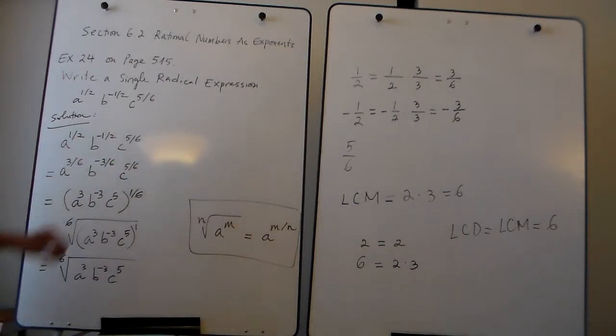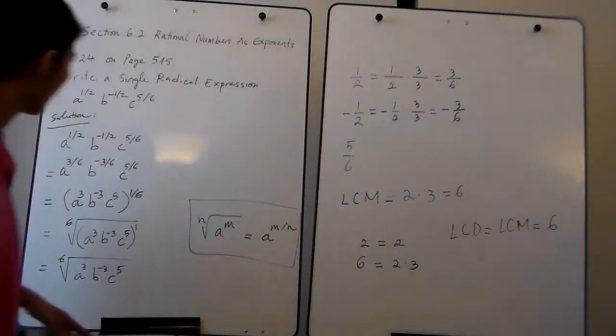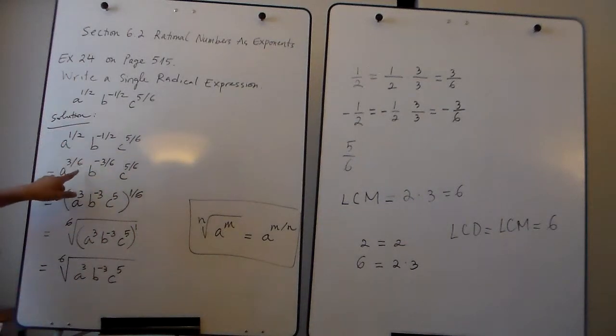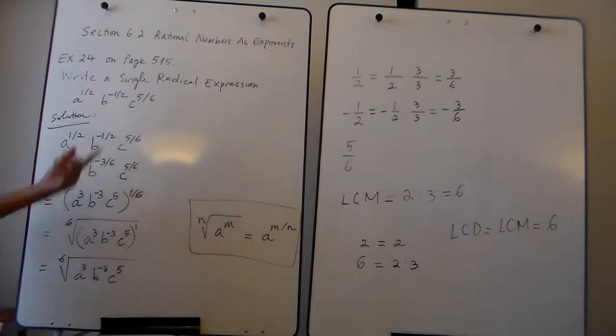So we're given 3 factors, A, B, and C with different exponents. So first thing we need to do is convert all these rational exponents to exponents with the same denominator, which is LCD 6. Okay, and for that we convert 1/2 to 3/6, negative 1/2 to negative 3/6, 5 divided by 6 to 5/6.